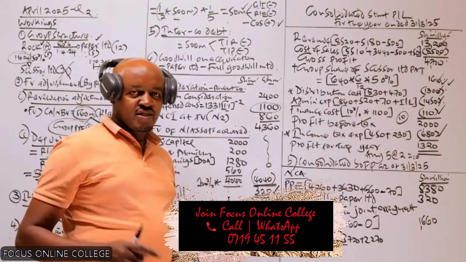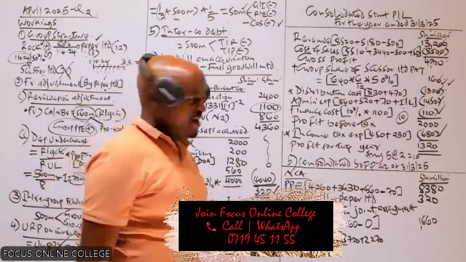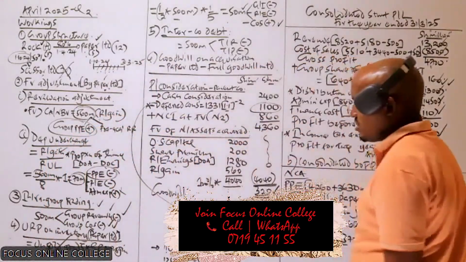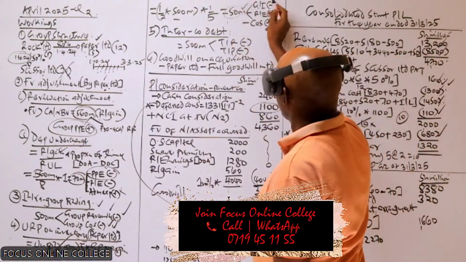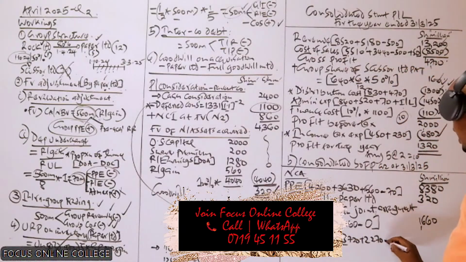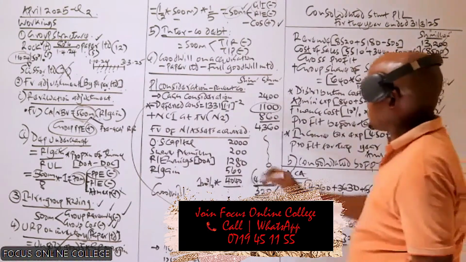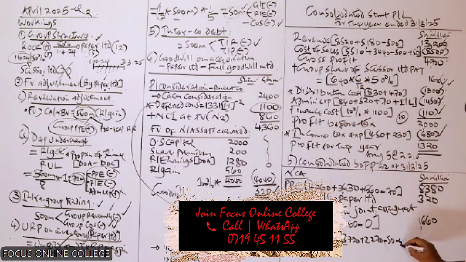Any adjustment affecting inventory and receivables should be made here. You can recall this profit, which we said should be deducted from the group inventory. Inventory is part of this, so we less the profit of 50. And also we have the amount of intercompany debt of 500. We also less it here.